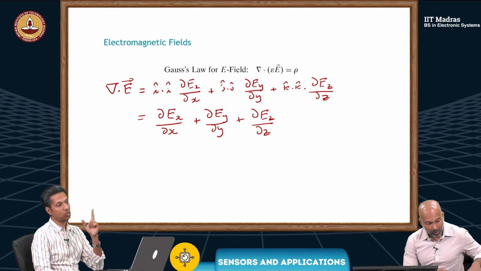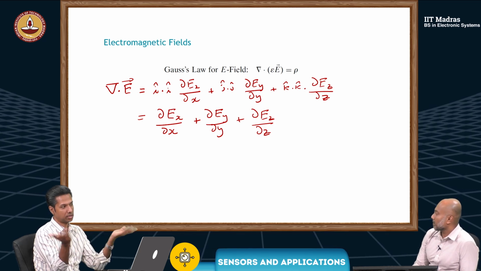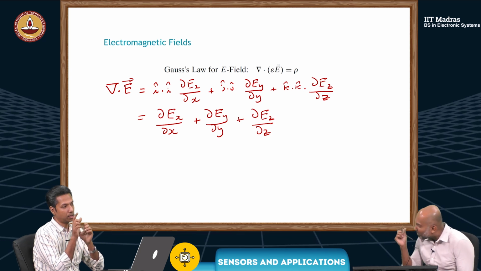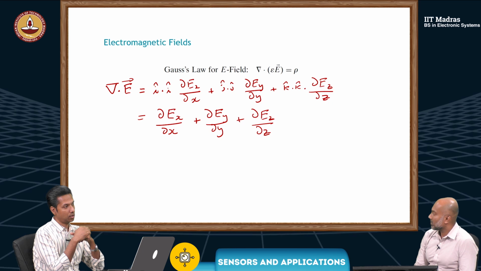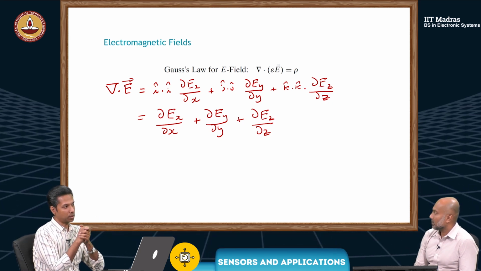Now earlier you said that from a point source, the field is coming out. So if I take del dot E for a point, it will be a positive number.